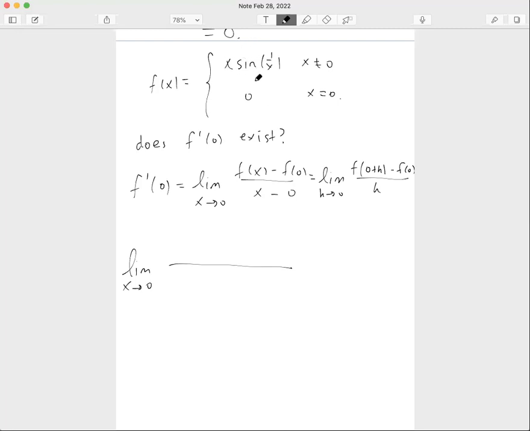Well, we only have one choice. It's 0 only when x is equal to 0. But as it approaches 0, it's everything but 0, so it's x sine of 1 over x. And then what's f of 0?